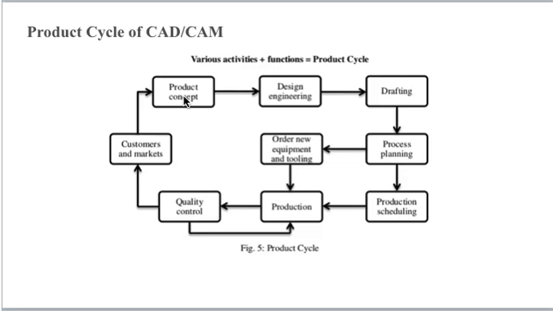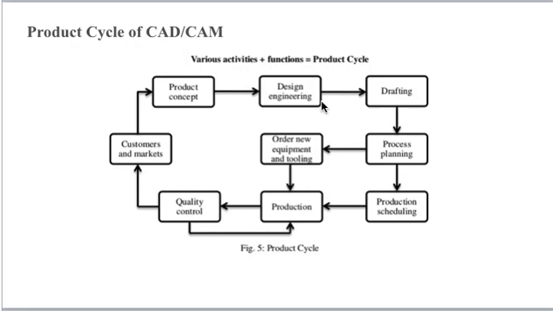In some cases, design functions are performed by customers and the product is manufactured by a different firm. In other cases, design and manufacture are accomplished by the same firm.